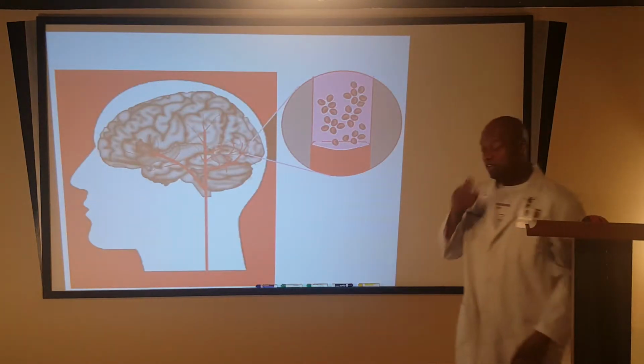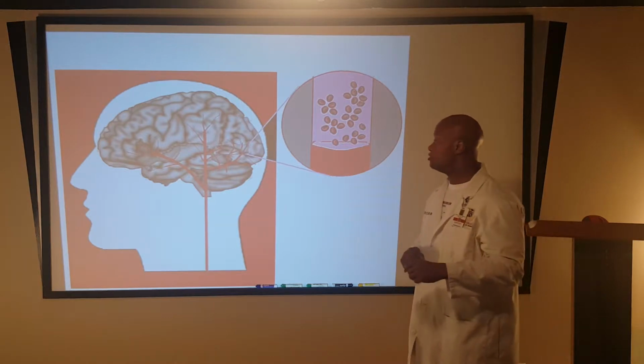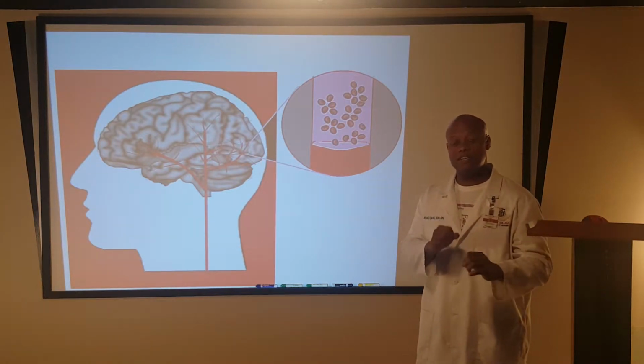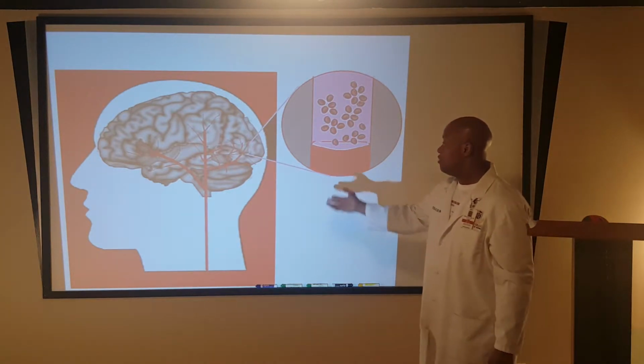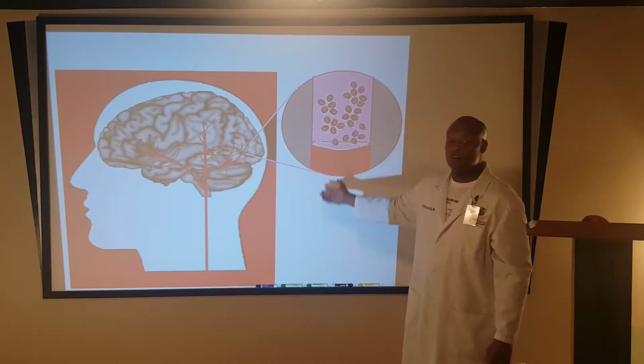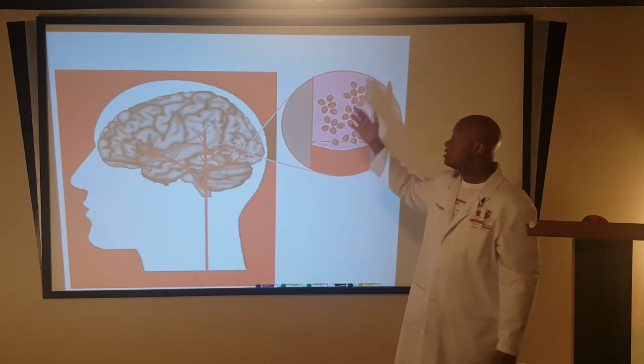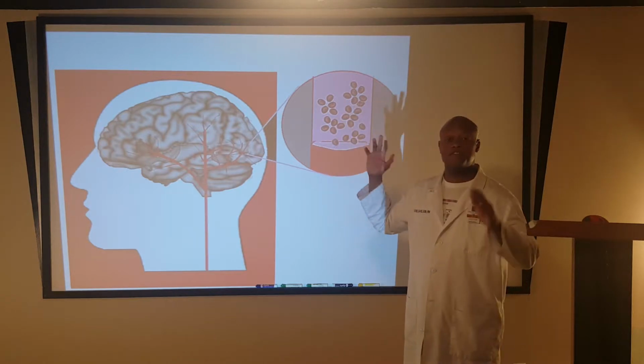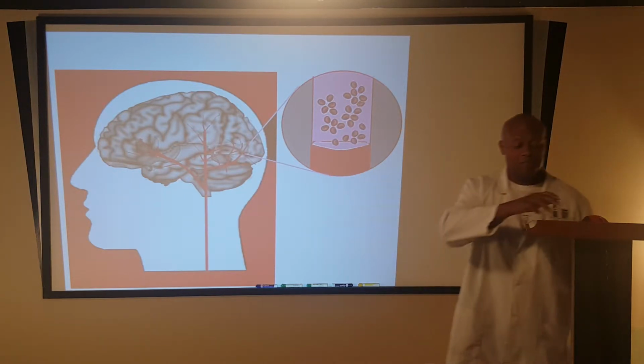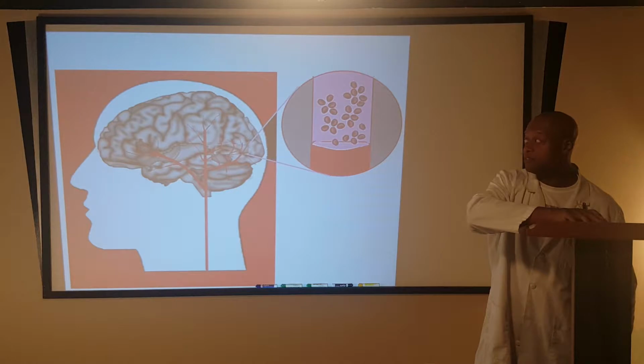Now, as we look back at that picture, what we want to do is compare the difference. So in one picture, we've got what? Great blood flow. This cerebral perfusion pressure is fantastic, okay? But now we want to see compromise.